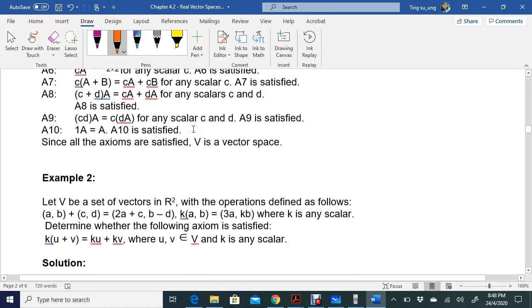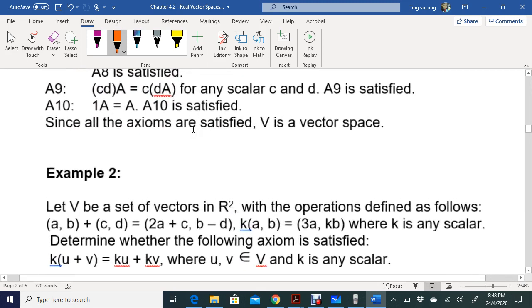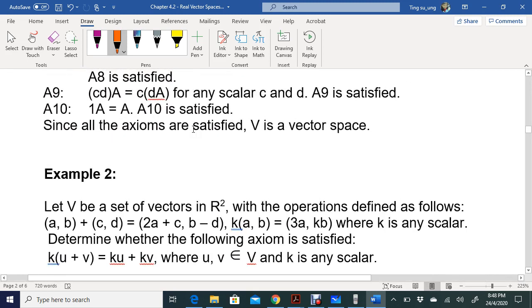Okay, let us look into the actual questions like example 2. You see, let V be a set of vectors in R square, with the operations defined as follows. You are given two pieces of information here, one with addition, one with scalar multiplication.